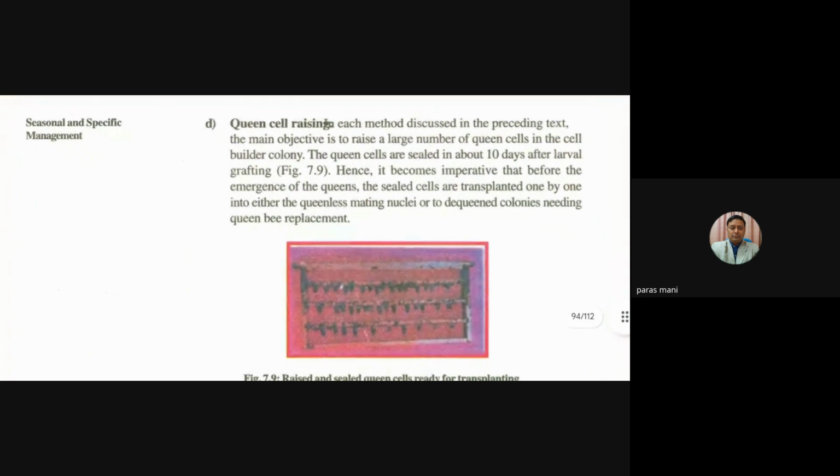Then after transplanting of larva, if you allow the nursing bees, they will feed the queen larvae and develop the queen cell as well.